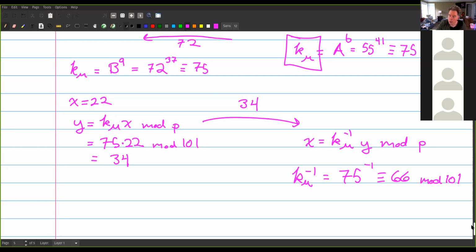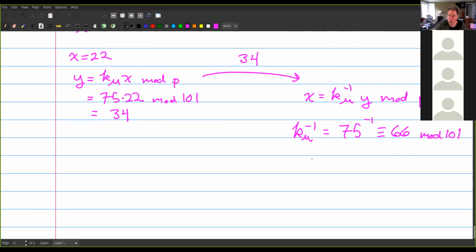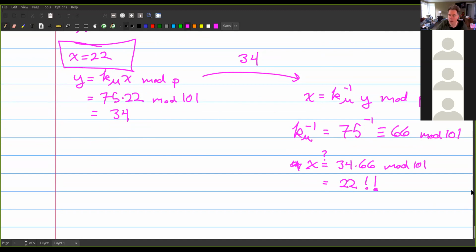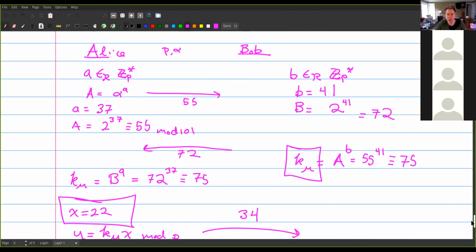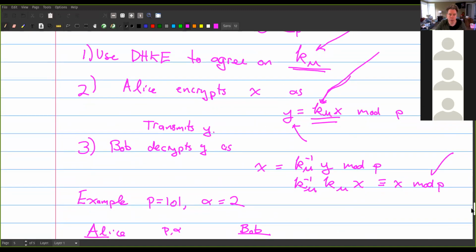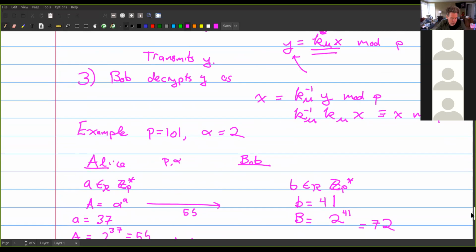All right, and so finally he just does X equals, let's put a little question mark here, 34 times 66 mod 101. And this turns out to be equal to 22. And so it works. That's the correct value, because that's what Alice sent. So that's basically the ElGamal cipher and an example.